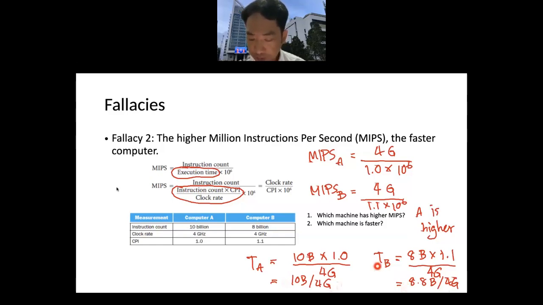So the time for machine B is less than the time for machine A, meaning that machine A is faster. So here is the example that we cannot use MIPS as the metric to tell which machine is faster.